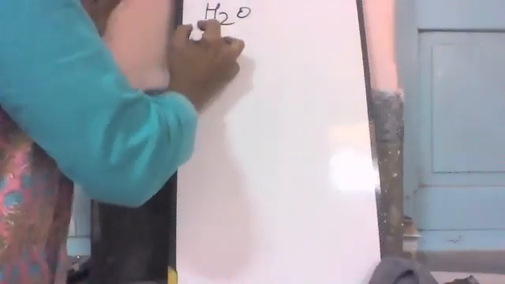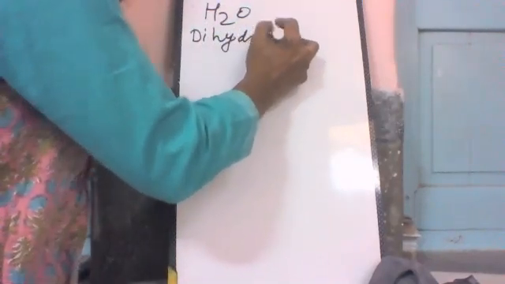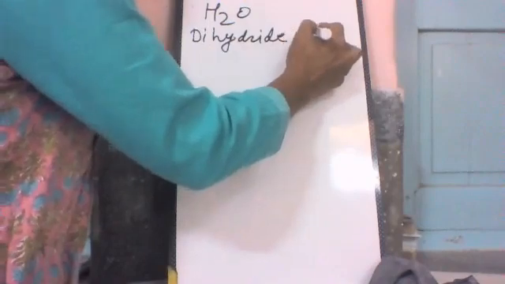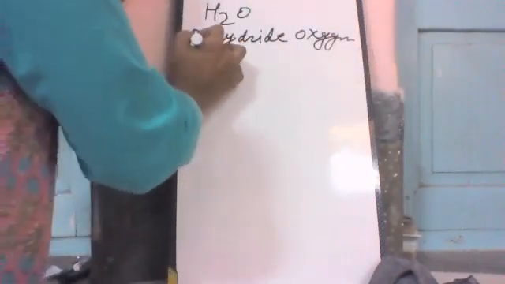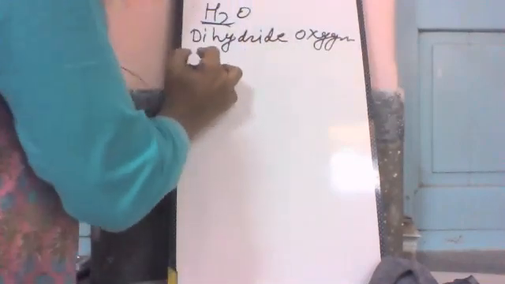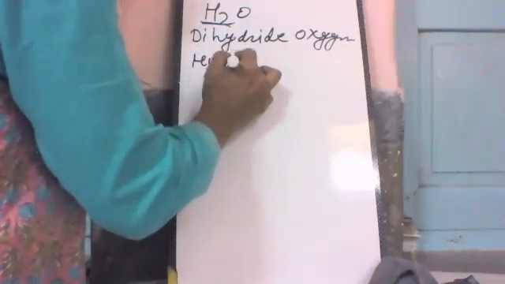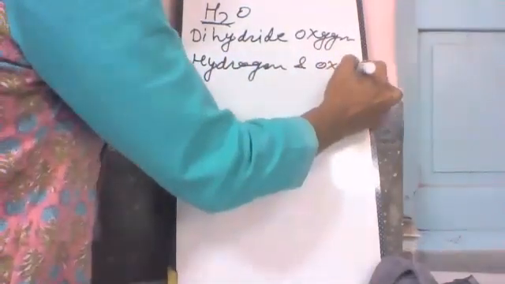Example of water. The chemical name of water is dihydrogen oxide. What are the elements in this formula? Hydrogen and oxygen.